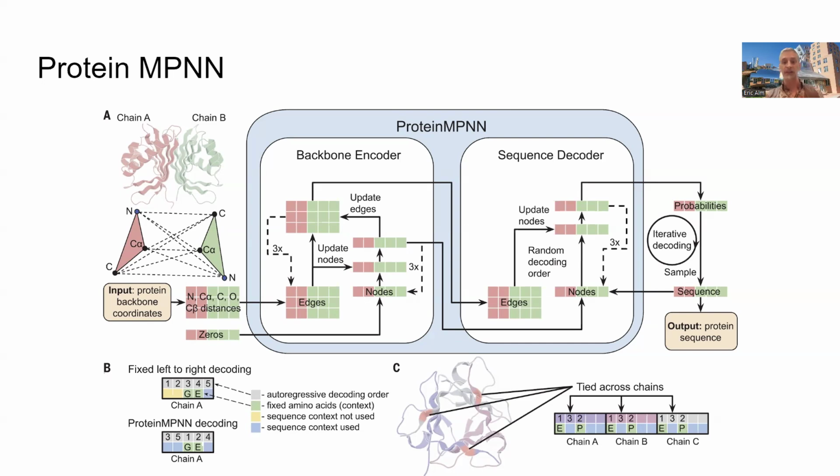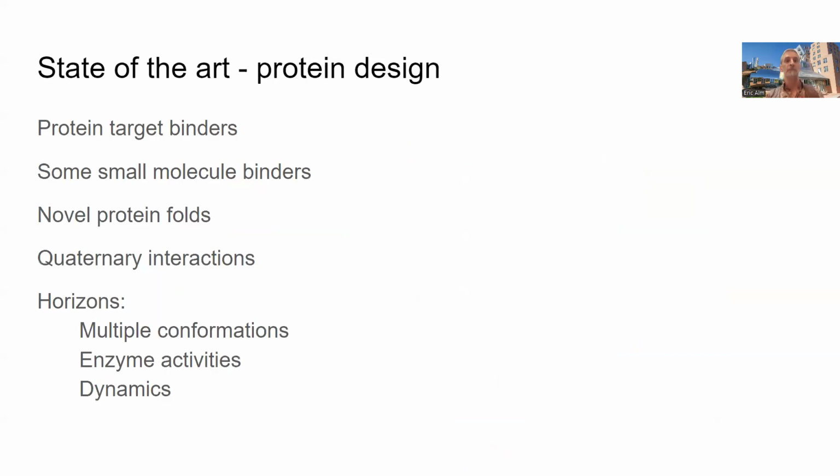But this is a very common structure. Okay, so what's the state of the art in protein design? Well, there's a lot of success in designing proteins that bind other proteins or bind small molecules. I already showed you examples where we can use protein design to design novel protein folds.